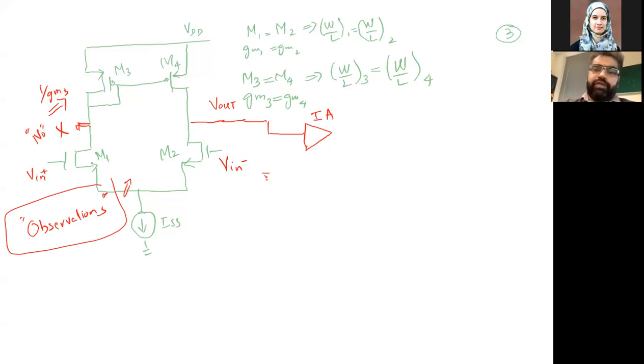Observation number 1: if I don't add this circuit, for example, remove this M3, and see how my system behaves with any variation at this point, V in plus, how this V in plus affects this V out. So let's draw this simple topology.